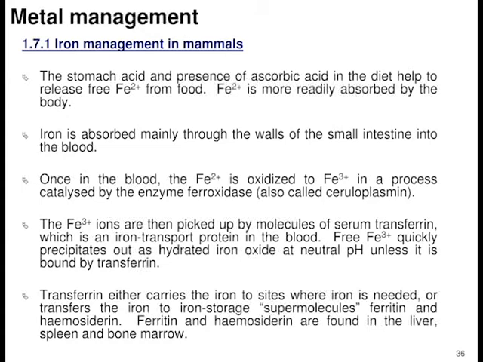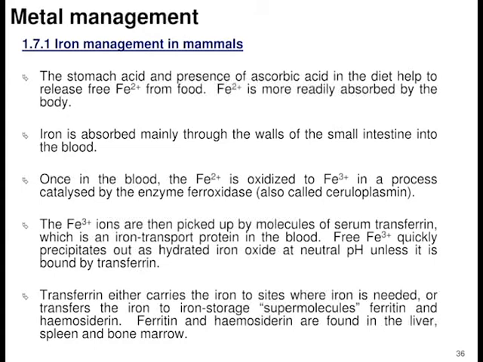So ferritin, and when a lot of ferritin comes together, it will become hemosiderin. Later I'll cover this in detail. Found in the liver, spleen, and bone marrow. See all this part in bone marrow, they are stored there. Bone marrow is for the red blood cells.